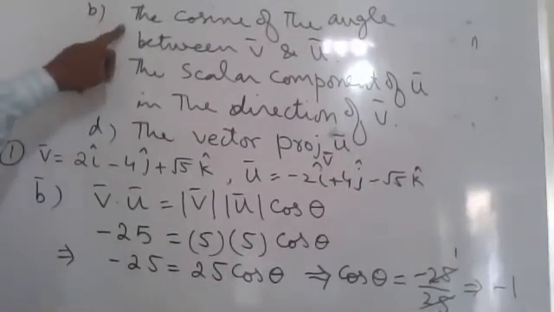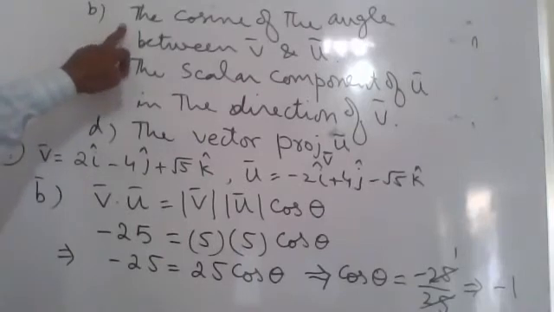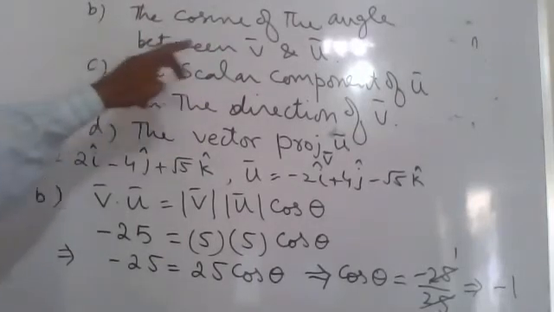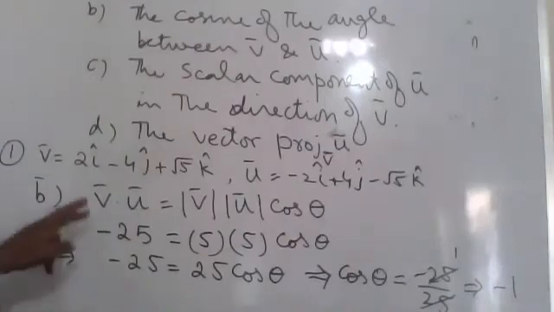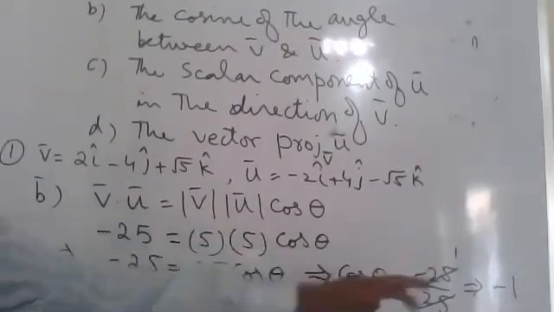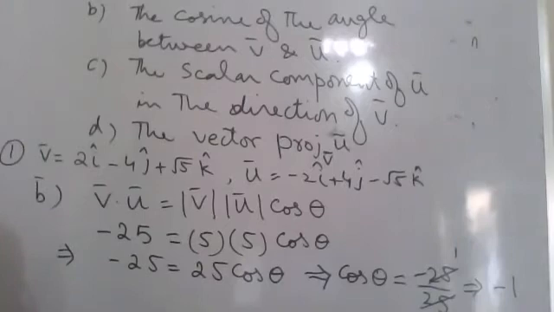The b part, find the cosine of the angle between v and u. So the cosine of the angle between v and u is minus 1. This is the b part.